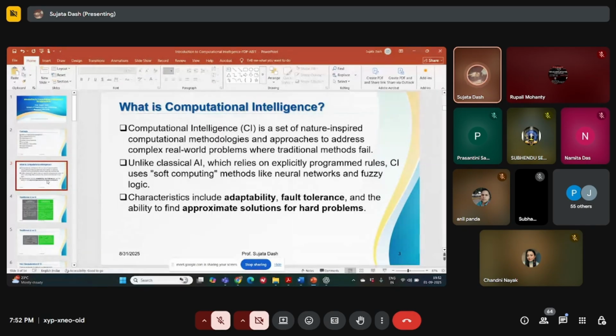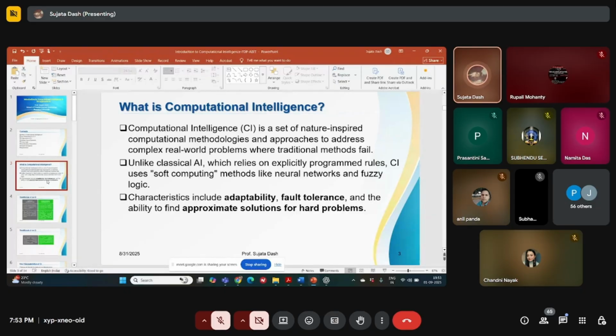So, first, let me start with a small introduction. What is computational intelligence? As you know, it's a very broad field, which refers to a collection of nature-inspired solving techniques, and those techniques are especially designed to handle complex, dynamic, and uncertain problems where you find the traditional rigid algorithms do not work.